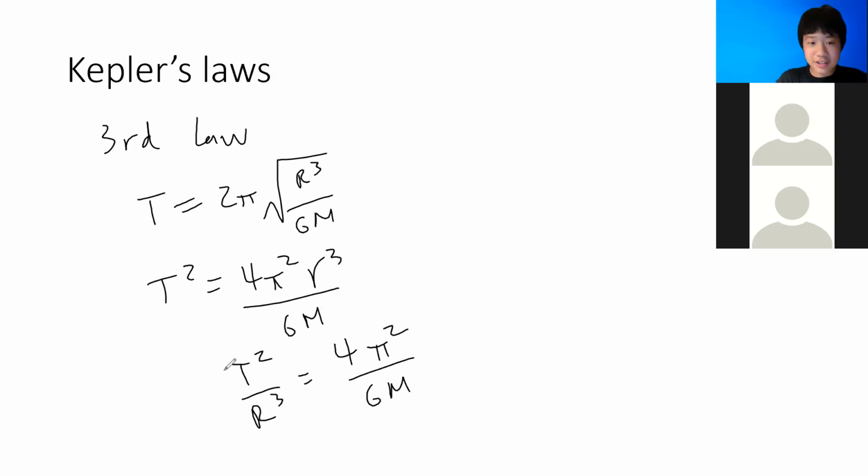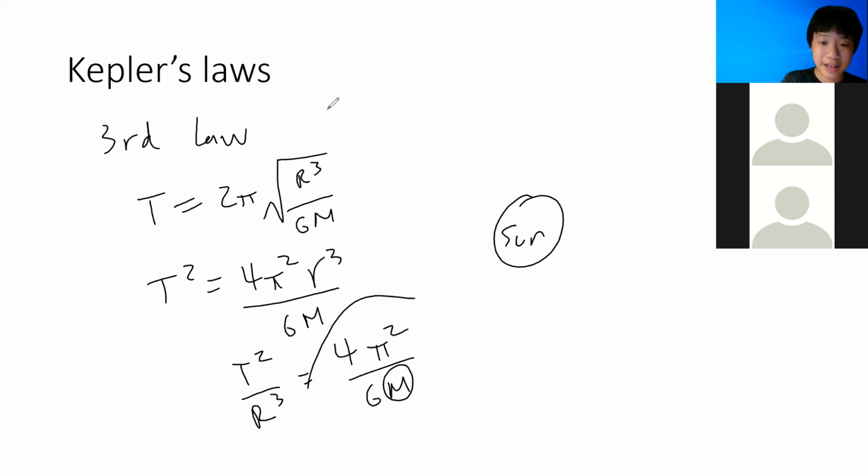So Kepler's third law is basically that the period of an object's orbit squared over its radius cubed is constant for any object orbiting this mass. For example, if we had the sun here, and Mercury, Venus, Earth, Mars, the period of Earth's orbit squared over the radius of Earth's orbit cubed is the same as Mars's period squared over Mars's radius cubed, because this value stays constant. 4 pi squared is constant, G is constant, the mass of the sun is constant.